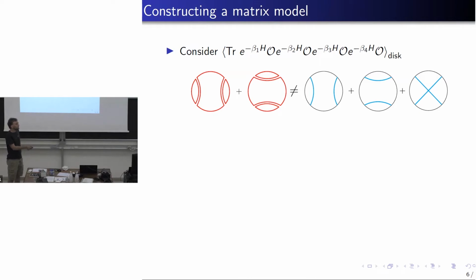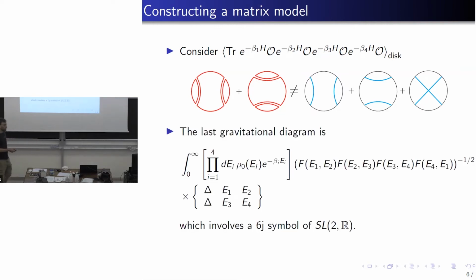The third thing that you might want to draw, like a cross, is not planar, and so it doesn't contribute at this order. So clearly, the Gaussian model I wrote down got the wrong answer for the 4-point function. But it did manage to reproduce these 2 uncrossed Wick contractions.